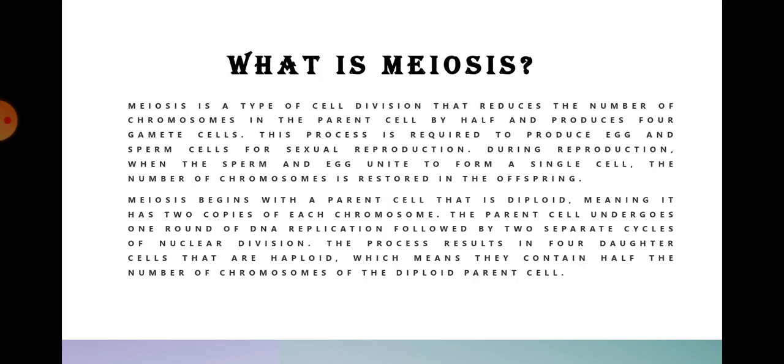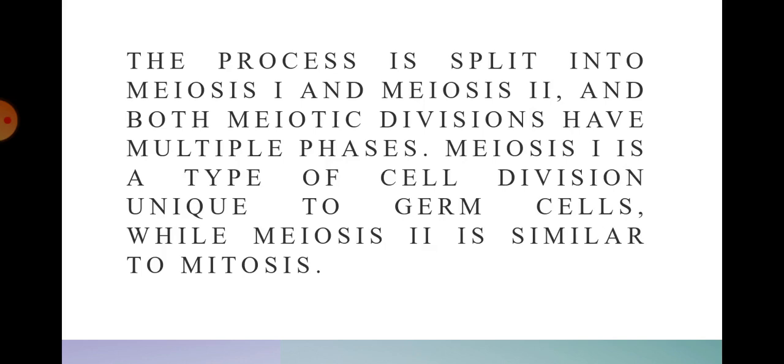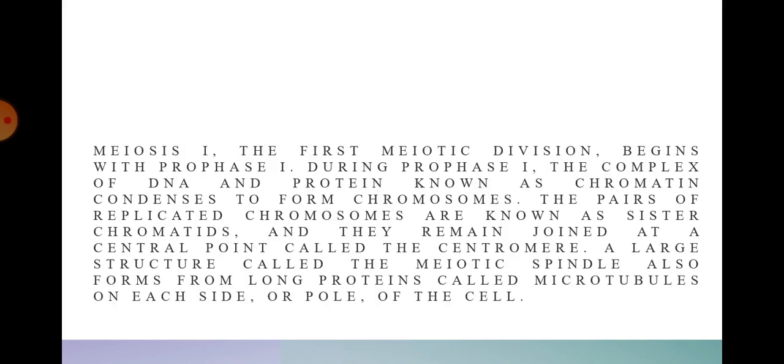Meiosis is a special type of cell division of germ cells in sexually reproducing organisms used to produce the gametes such as sperm or egg cells. The process is split into meiosis I and meiosis II, and both meiotic divisions have multiple phases. Meiosis I is a type of cell division unique to germ cells, while meiosis II is similar to mitosis.